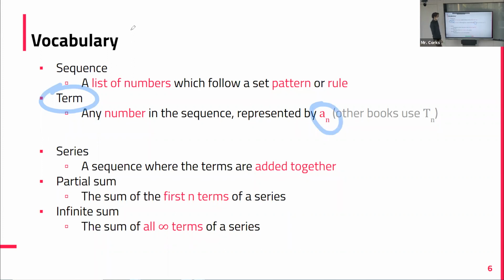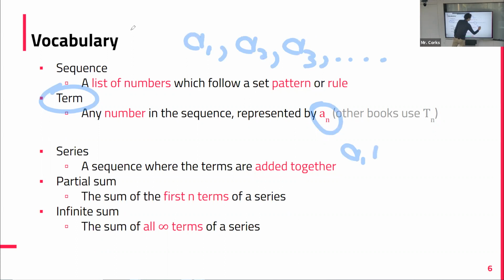A series is a similar thing. Sequence A1, comma, A2, comma, A3, comma, dot, dot, dot. Series is just adding them together.